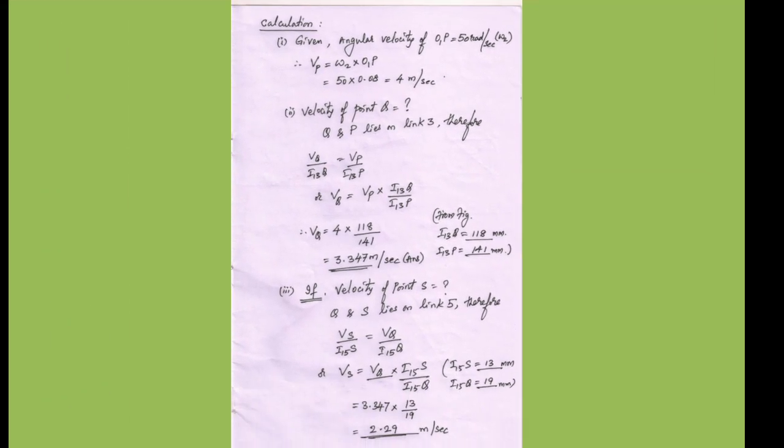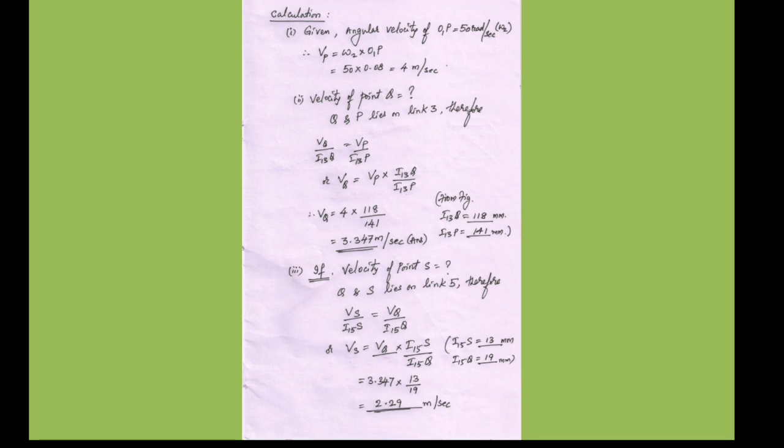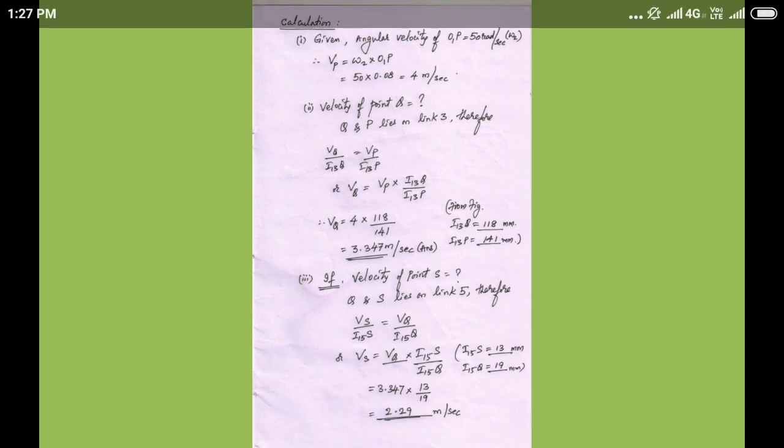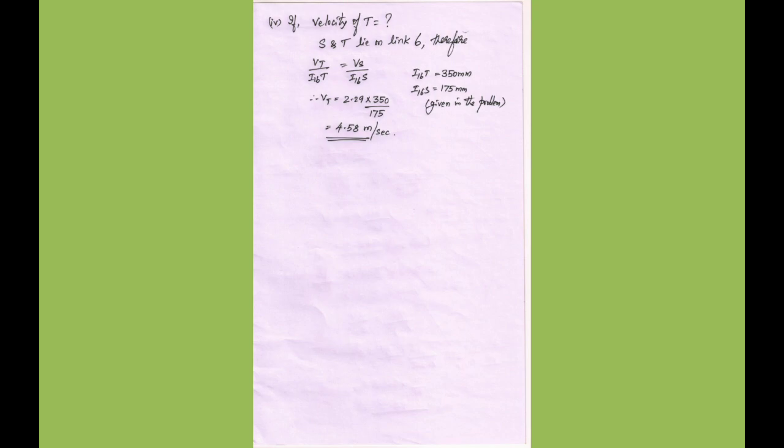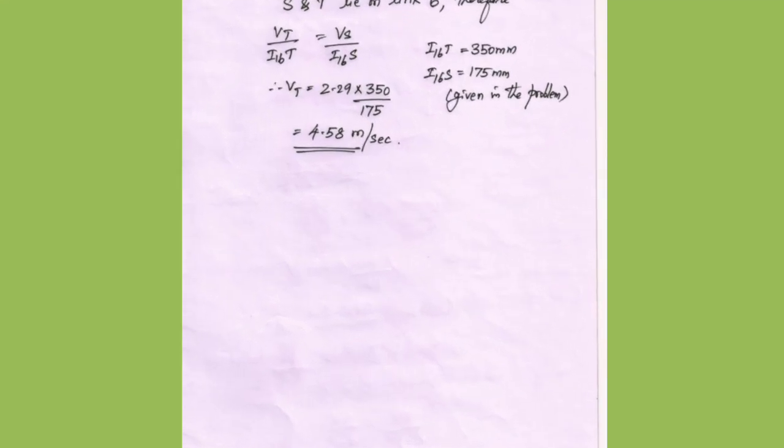After getting the velocity of S point, in case the velocity of T point is asked, see, next page. S and T, I am telling, are lying on link 6. S is on the right side of the bell crank lever. T is on the left side of the bell crank lever. That 90 degrees bell crank lever is already drawn to scale. So formula writing is important. Because we are talking of link 6, I have written VT divided by I16T is equal to VS divided by I16S.